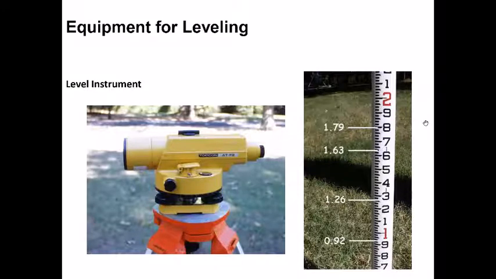But just for a brief view, on this staff, you can see it is just like a ruler that you use. We have these graduations on it, and over here you have one. If it is in meters, that would mean over here we have 1 meter.